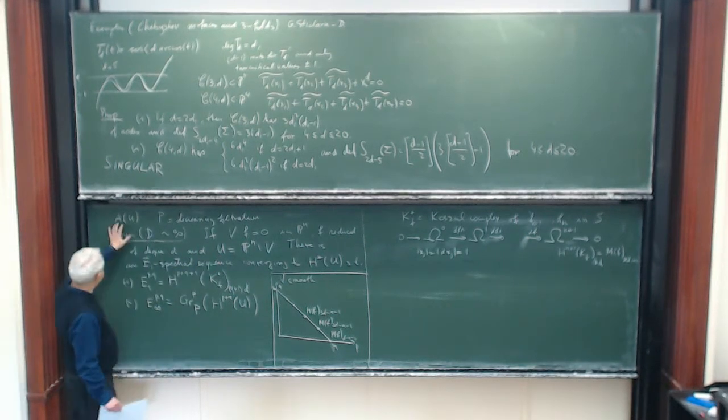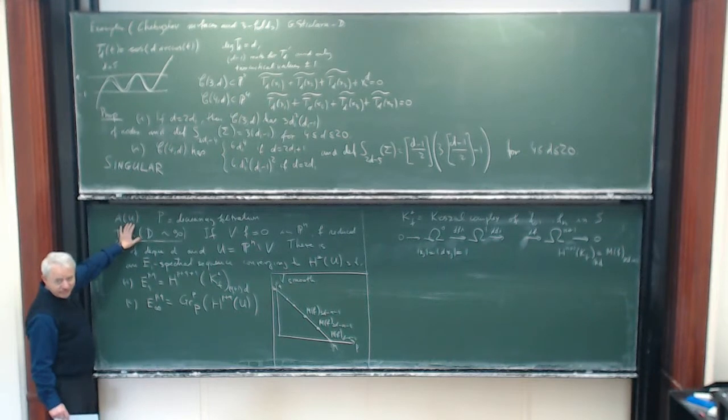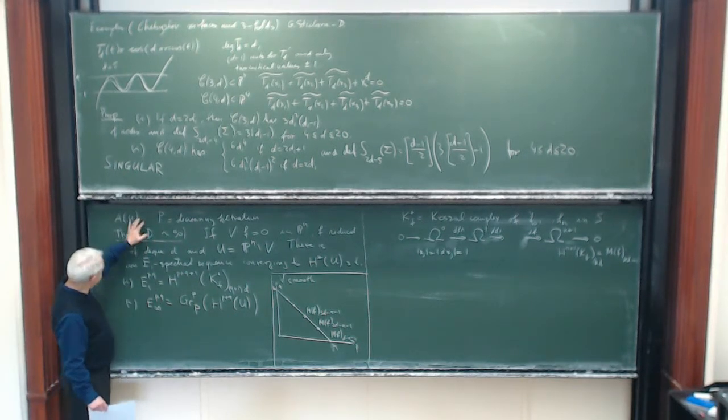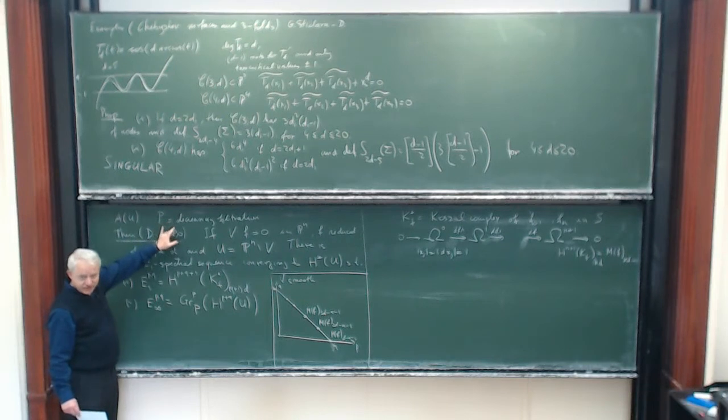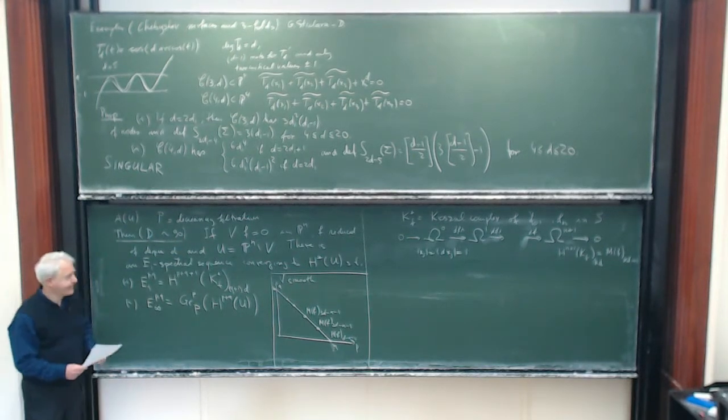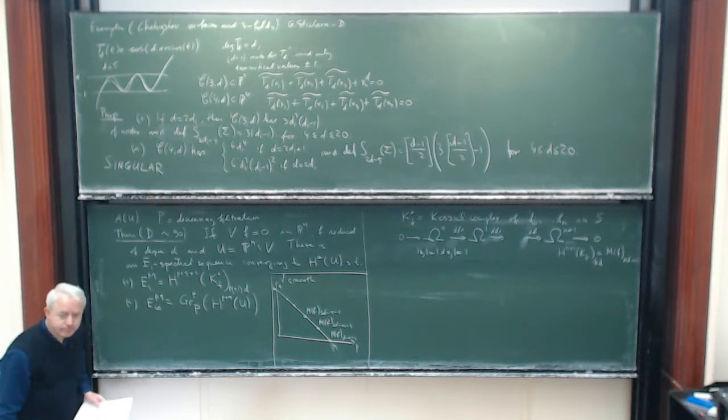This complex is denoted by A_U. And on this complex, I introduce some filtration given by the order of poles. And this spectral sequence comes from this complex with this filtration. It's a different complex; here is the usual differential. Yes.